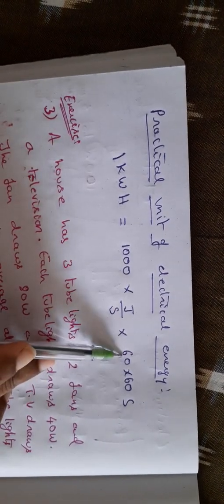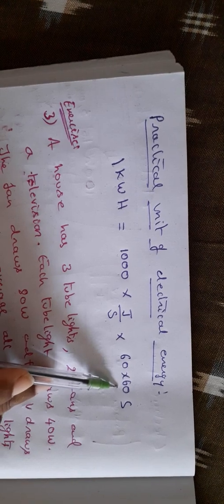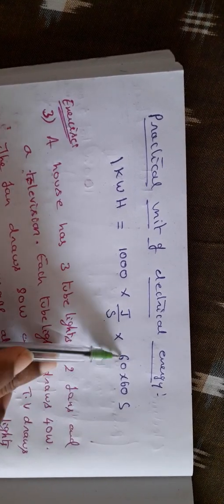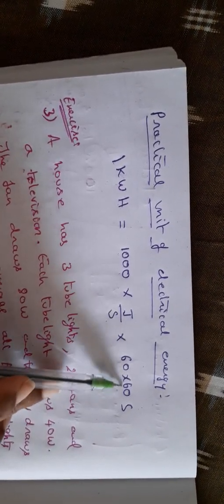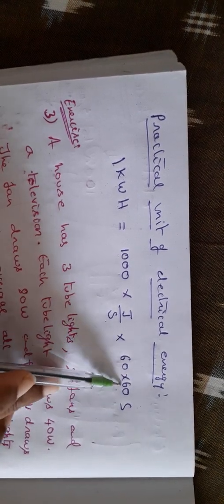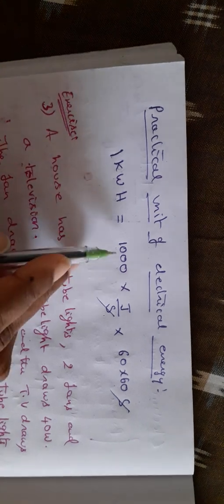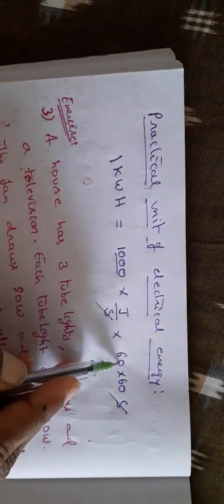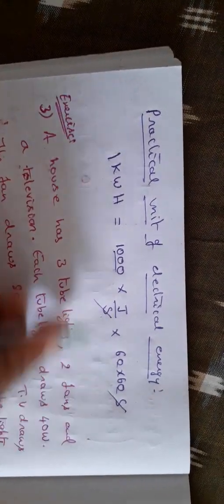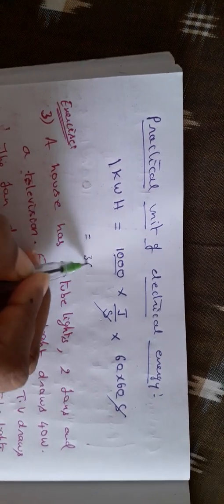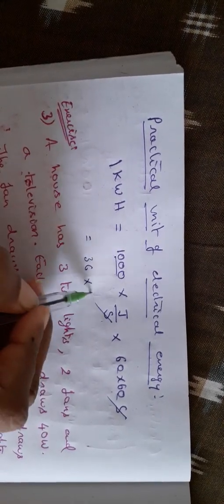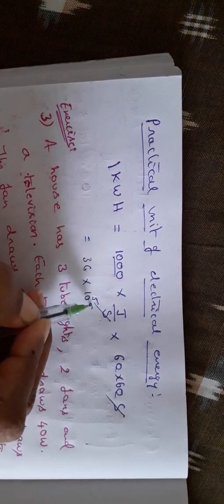Hours can be written as 60 into 60 seconds, is it not? 60 minutes, each minute comprises 60 seconds, therefore 60 into 60 seconds. Now the seconds and seconds will get cancelled. So now here 1000 and here 2 tens, thus 36 into 10 power 5 joules.